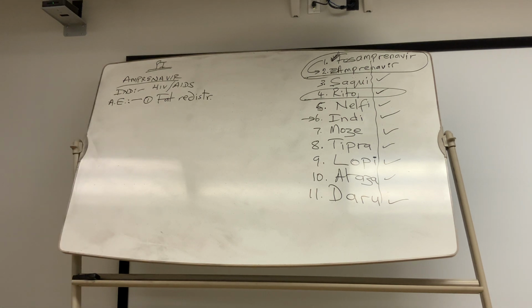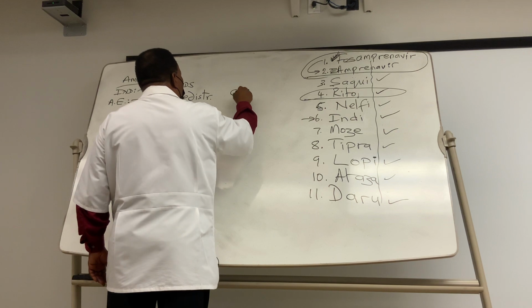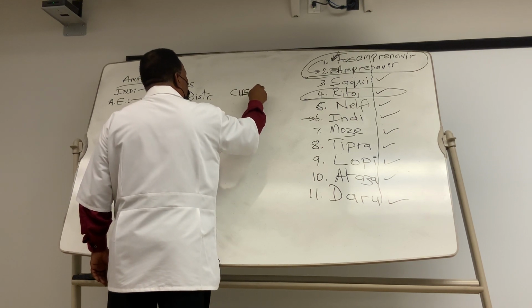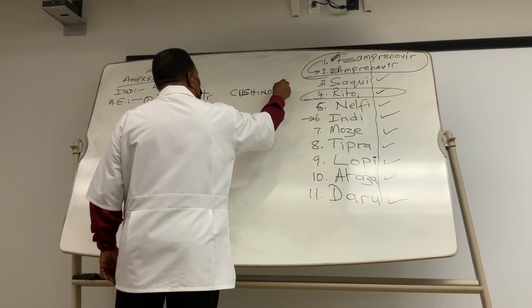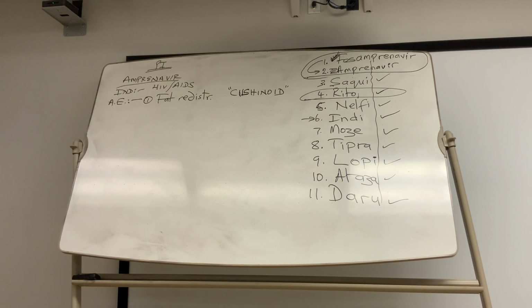It can take fatty tissues and mobilize your fatty tissues from the extremities towards the trunk. Okay. And that's why I say that it produces a cushingoid adverse effect.